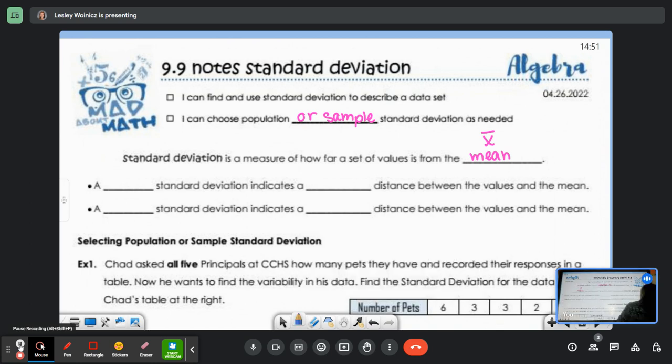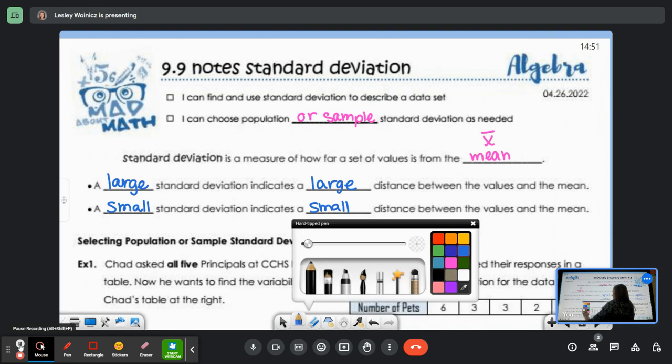If we have a large standard deviation, that is an indication that we have a large distance between our values and the mean. If we have a small standard deviation, that means we have a small distance between the values and the mean.